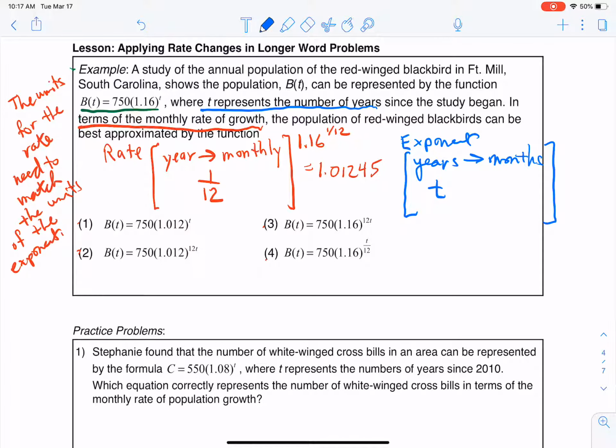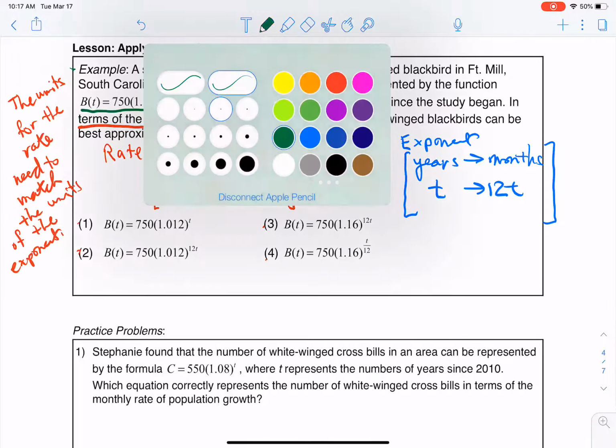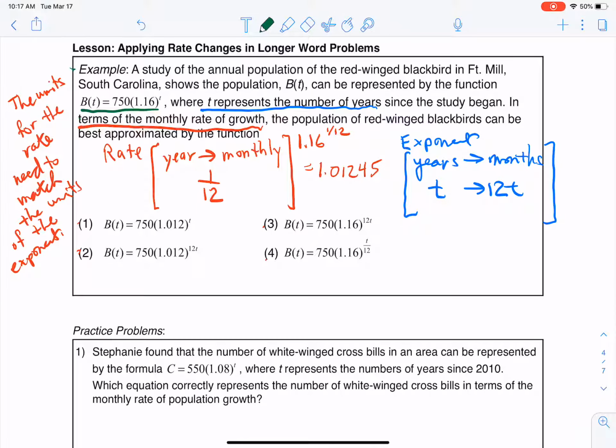So I would take my variable t and multiply it by 12, so 12t. Given that, I can rewrite my new equation: b of t equals, what I started with is still 750, times 1.01245 raised to the power of 12t.